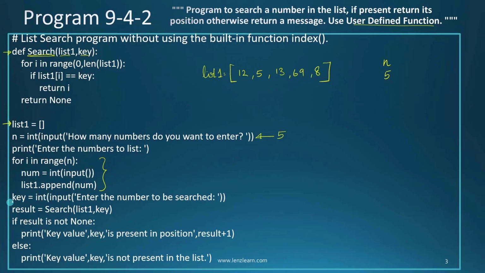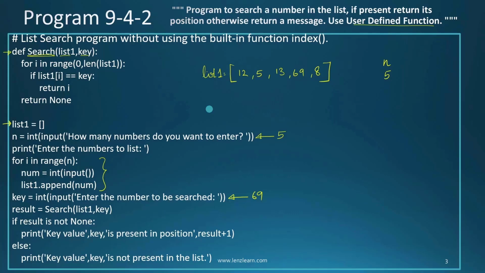After that, I have to enter a key. So this key value, I am going to search whether that is available inside the list. So we will enter the key value as 69. I have to search whether 69 is available inside list1. If it is available, then I have to get the position value where 69 is available inside the list.